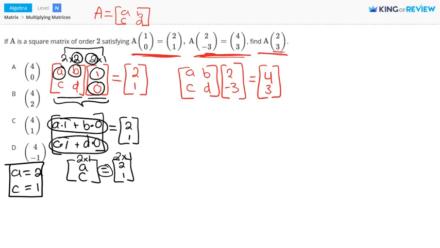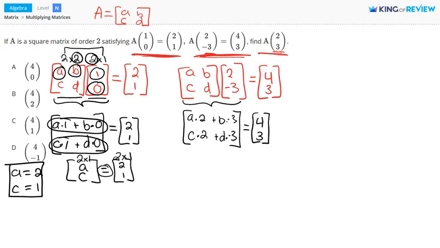Now let's look at our second equation here. Let's multiply this out in the same fashion. So we have a times 2 plus b times -3. And our second entry is c times 2 plus d times -3. And this is equal to this matrix.